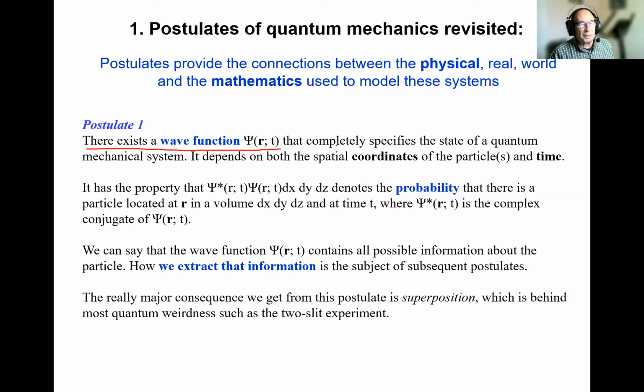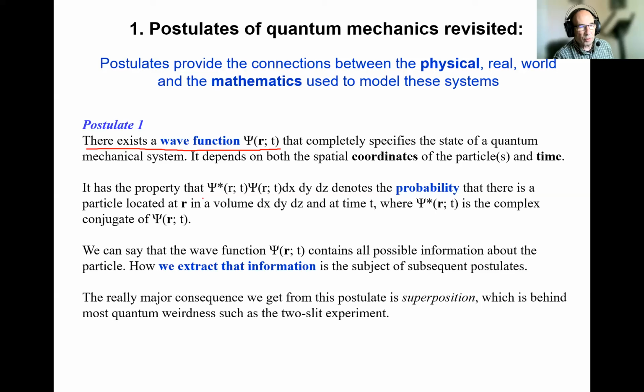Still, each of them is described by its wave function, and the total system is also described by a total wave function. But in that case, that wave function will be a function of the coordinates of all electrons and still will depend on time.